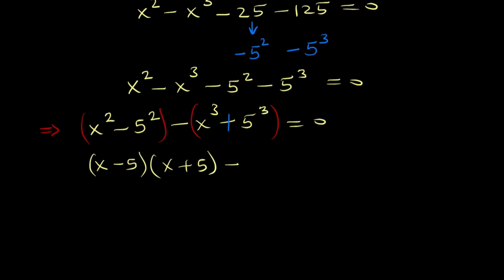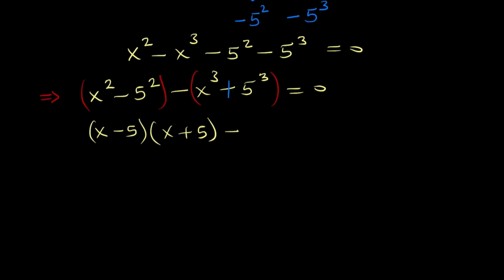Now if I'm going to work out x raised to power 3 plus 5 raised to power 3, by known identity, this will be x plus 5 times x squared minus 5x, then plus 5 squared, which will be 25.